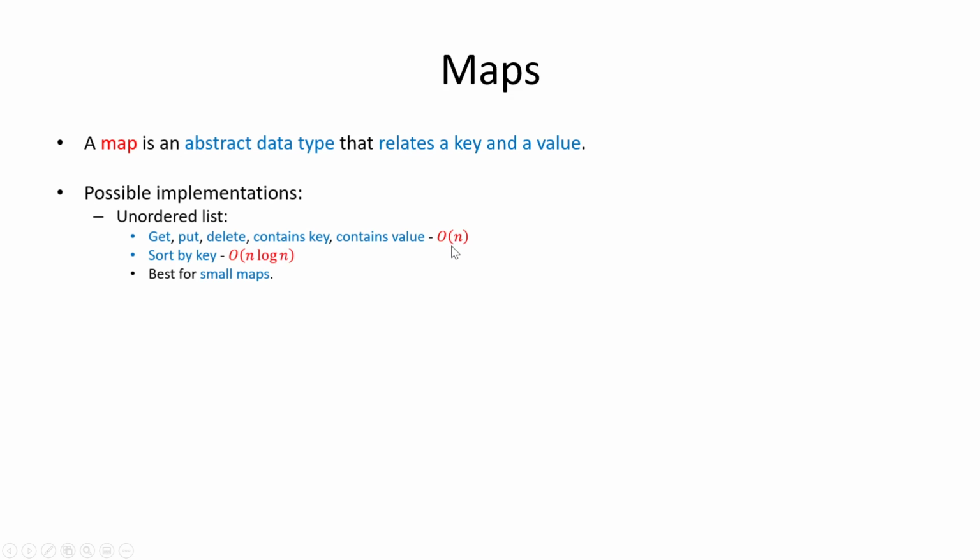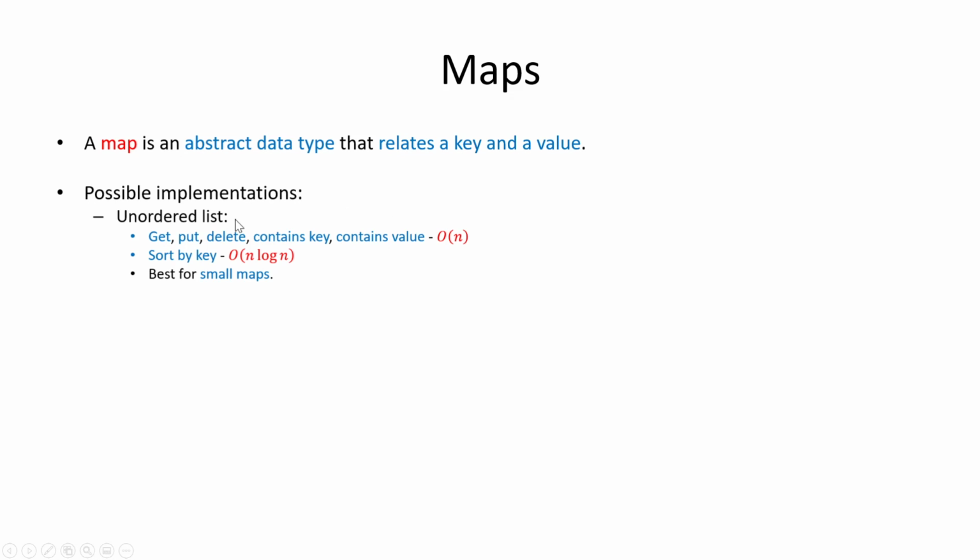So that's order n in the worst case. Since there's nothing special about searching for keys versus searching for values, the same thing is true for searching for values. And again, remember that these three, get, put, and delete, depend on contains key. So we can see that in all of these operations, it's going to take us about order n to carry them out.